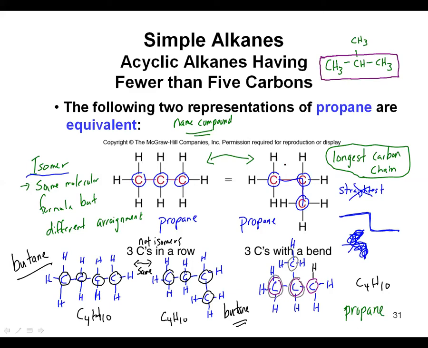And when we take the straightest, longest carbon chain, it should match one of those 10 names of the alkanes. So it should match methane, butane, propane, ethane, hexane. So again, when we get the longest carbon chain, that's going to become the base of our name. So the base of this name would be propane.